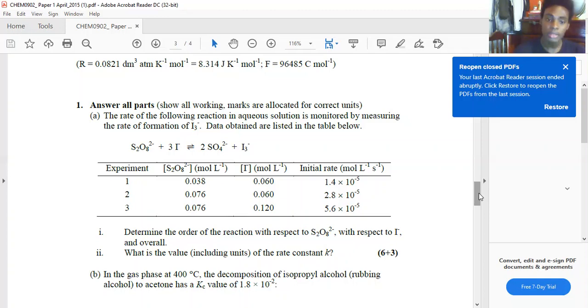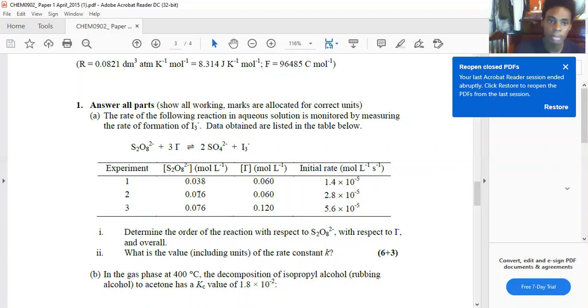And to find out if it's a second order reaction, all you would need to do is, whatever you multiply the reactant by to get the value for the next experiment, if you do that for the initial rate of reaction for the same 2 experiments but to the power of 2, then it's a second order reaction.